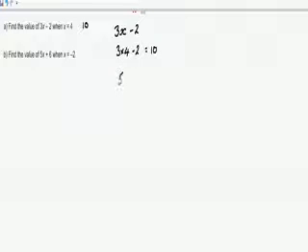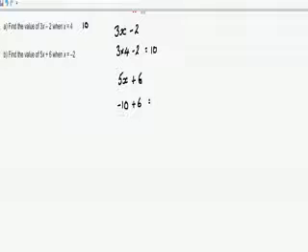Now we've got 5x plus 6. Now x is minus 2, and we've got 5 lots of minus 2. So 5 lots of minus 2 would be minus 10 plus 6. The signs can't react on one another because there's a number in the way.